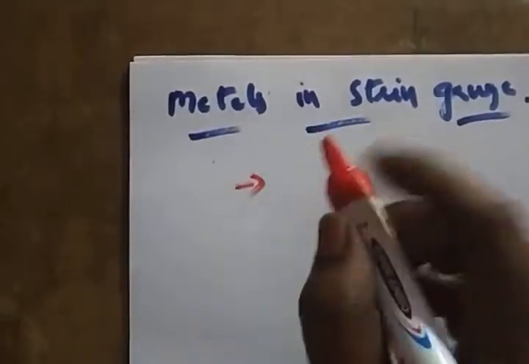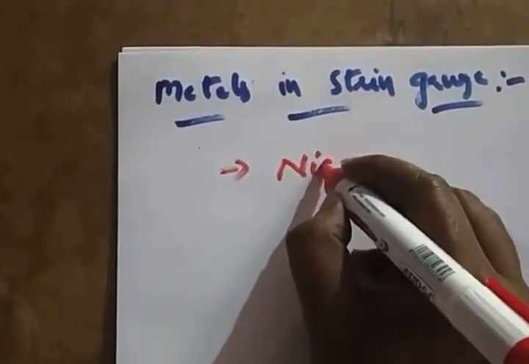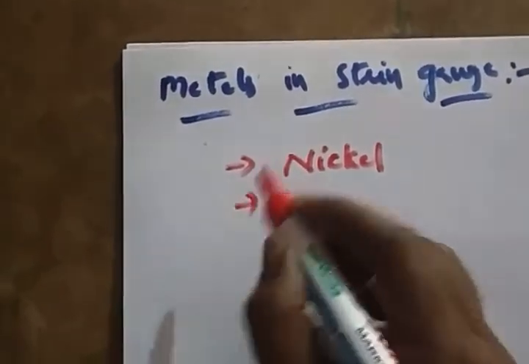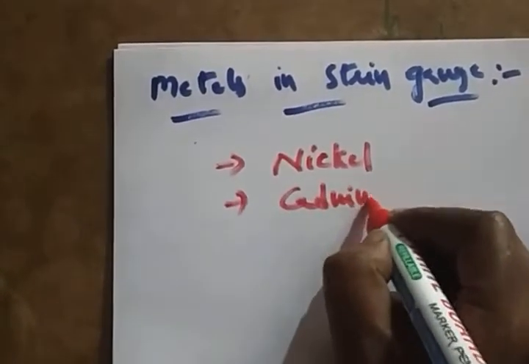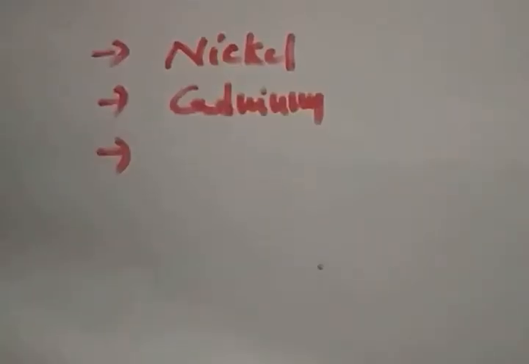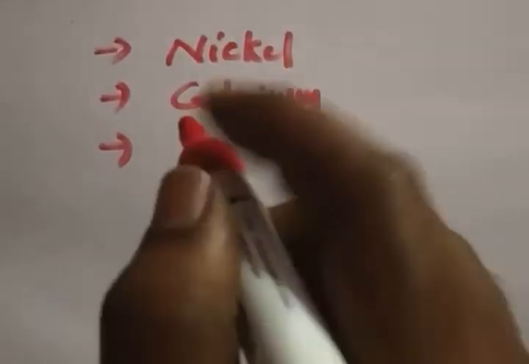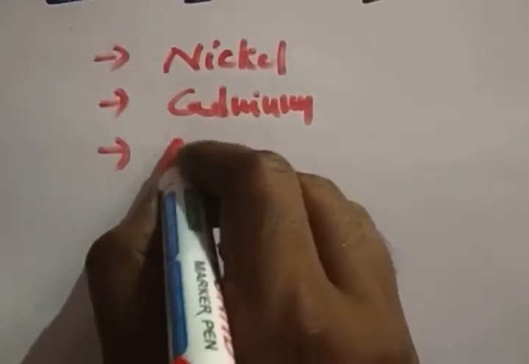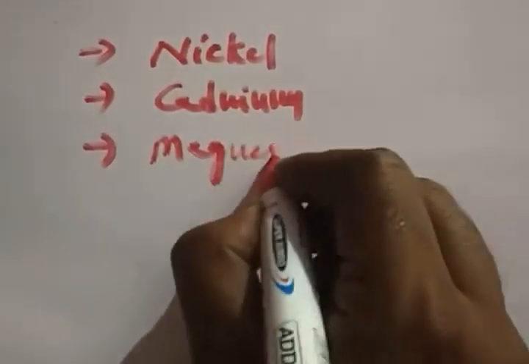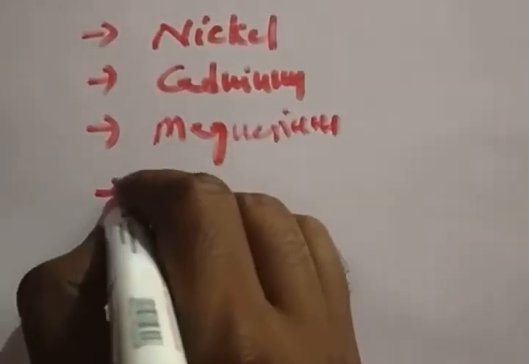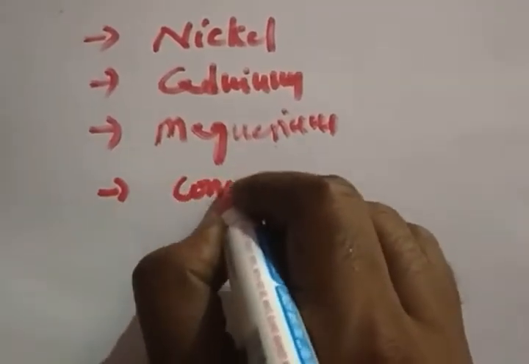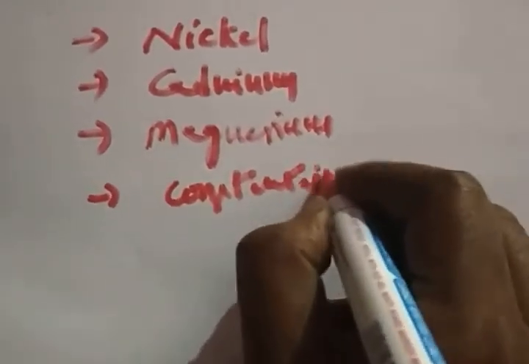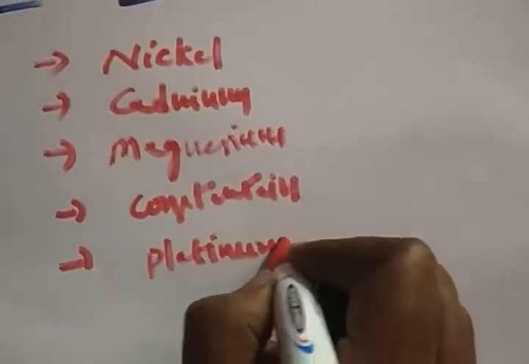So the metals are nickel, cadmium, magnesium, constantan, platinum, carbon.